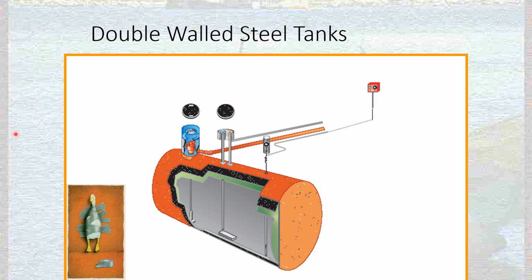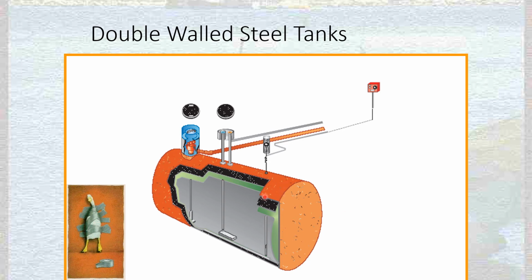And the fiberglass tanks also usually have these ridges in them. So you'll see in future pictures that they have ridges along the length of them, and those are for stability and strength.